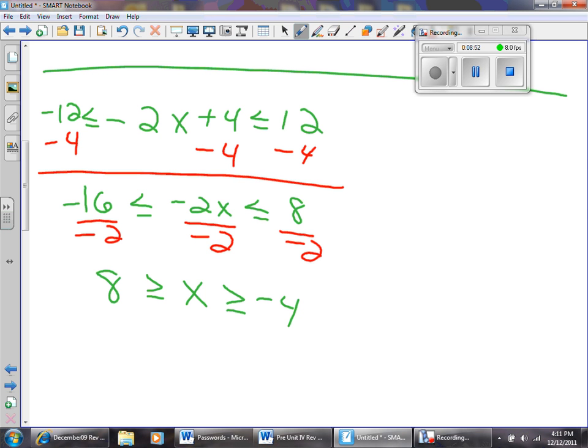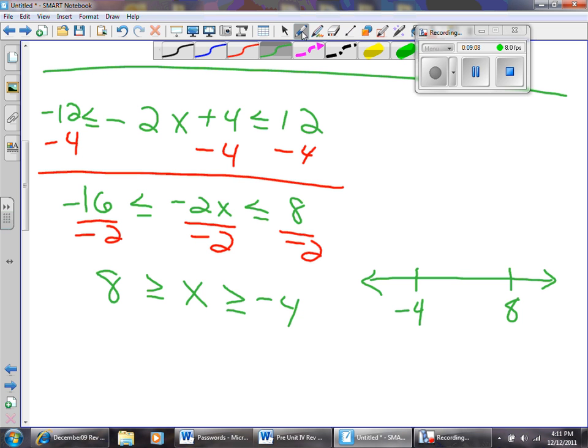If you did Josh's way, you would have gotten two statements like 8 is greater than or equal to x and x is greater than or equal to −4. When you go to graph, I will show −4. I will show 8. They will be closed circles.